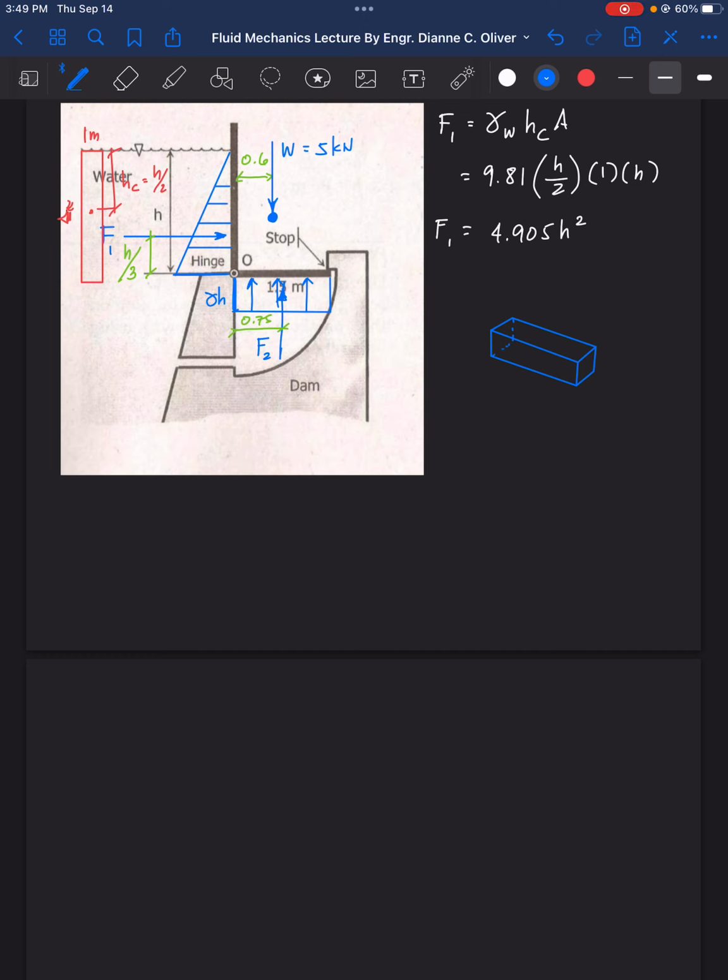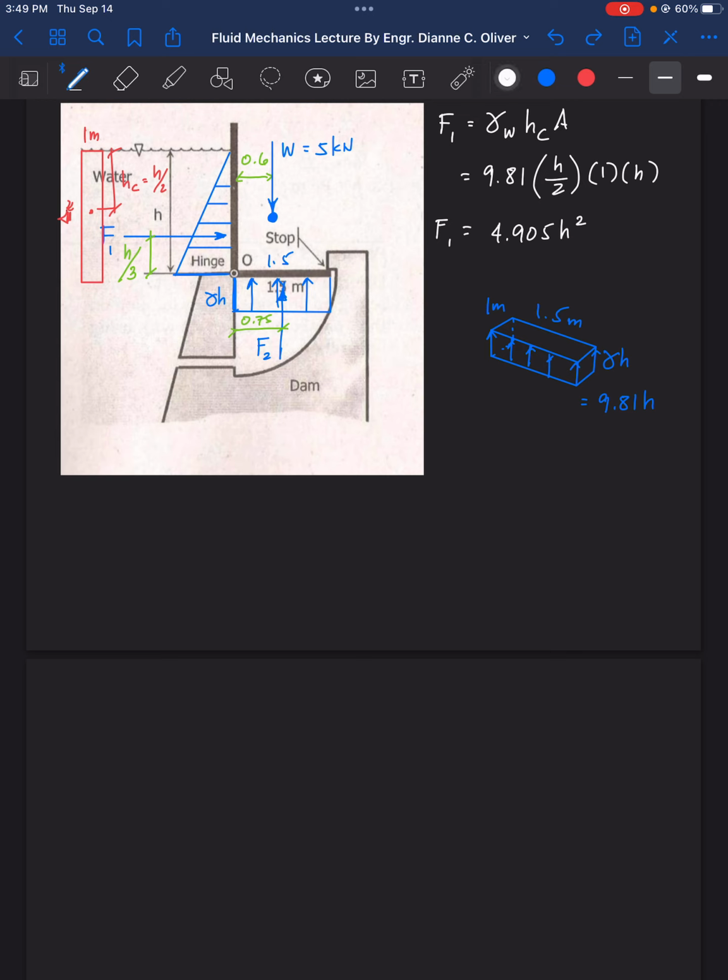This is exerting an upward force. The length of this is 1.5 meters by 1 meter, and by gamma H for its height. The gamma H here is 9.81 H, being the gamma of the liquid, which is water.